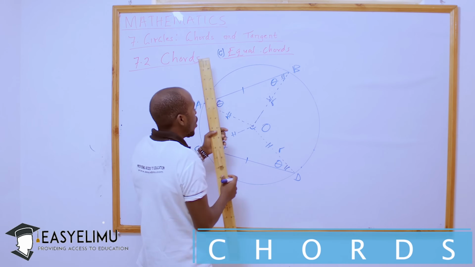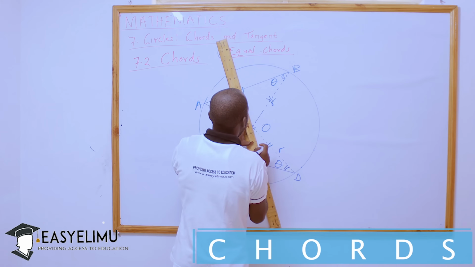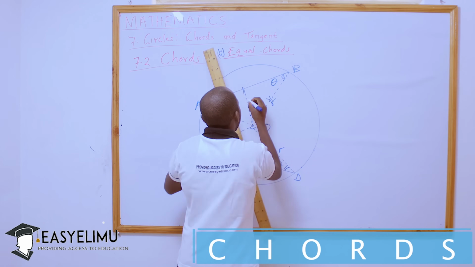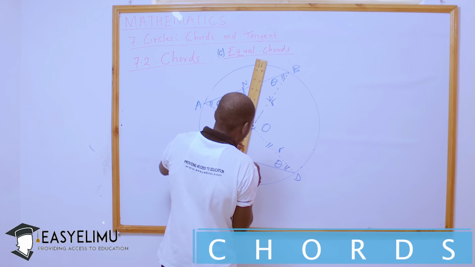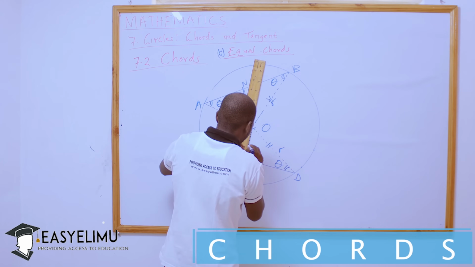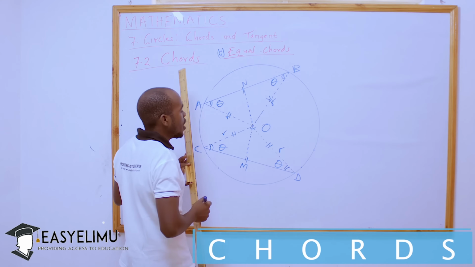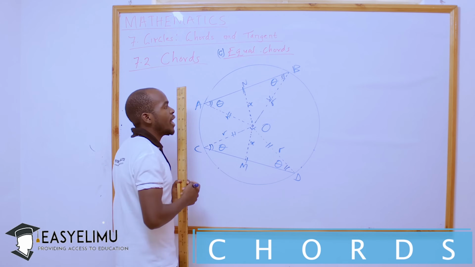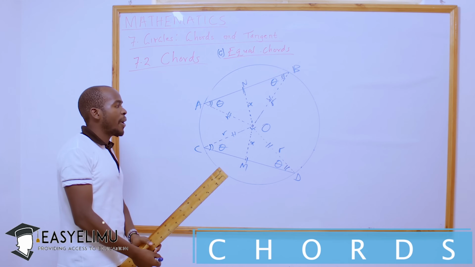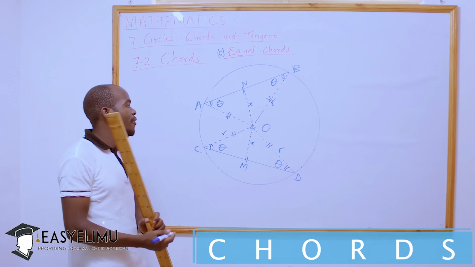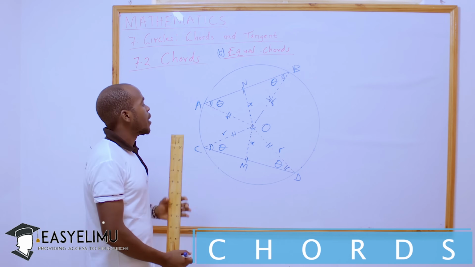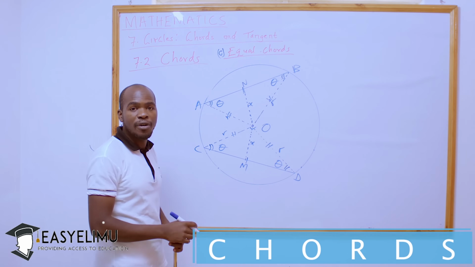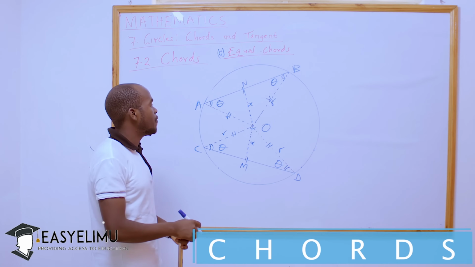So if we do a perpendicular bisector to that chord to find the distance from there to here, and this one is cut at N and this one is cut at, let's say, M, you will find this distance here, which I may call X, is equal to the other distance, which is also X. So if you have two chords in a circle, they will always be equidistant from the center of that circle if they are equal, and vice versa.